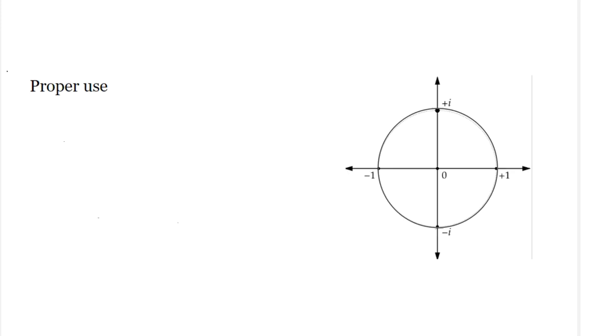This one here is the Cartesian plane of the complex system, not the real system. As you can see, we have +1 and -1, which lie on the horizontal axis of the Cartesian plane, the x-axis.